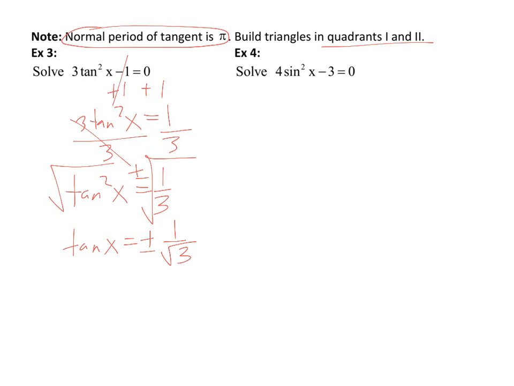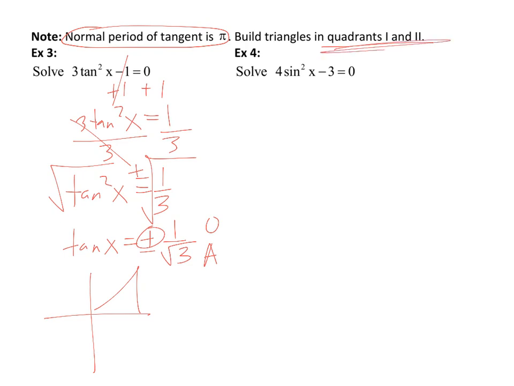Okay, now tangent is opposite over adjacent. Now, this situation can be a little confusing at first because if I'm just working with the positive case, that means opposite and adjacent are both positive or they're both negative. Now if they're both positive, you're in quadrant 1. If they're both negative, you're in quadrant 3.